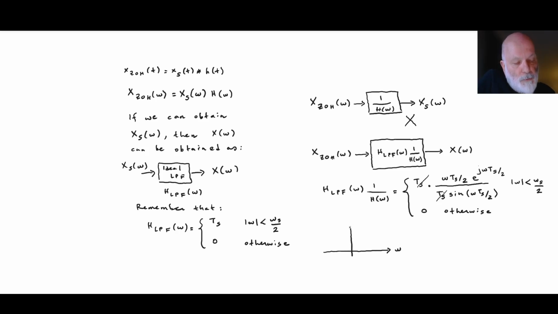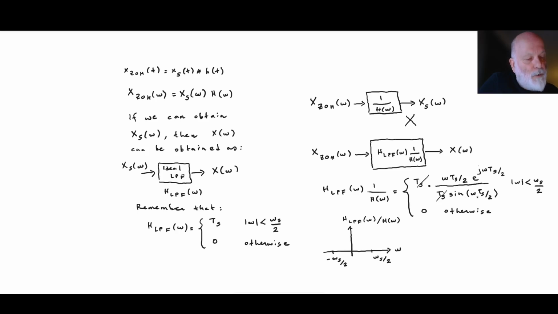Okay, the magnitude graph of H_LPF of omega divided by H of omega is only non-zero in the interval from minus omega s over 2 to omega s over 2. When omega is equal to 0, we have 1, as you see.